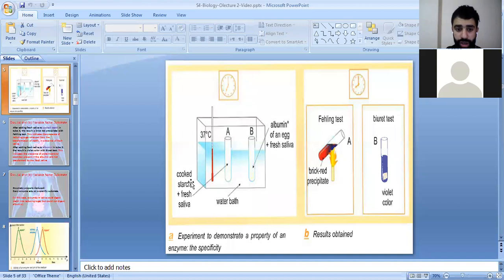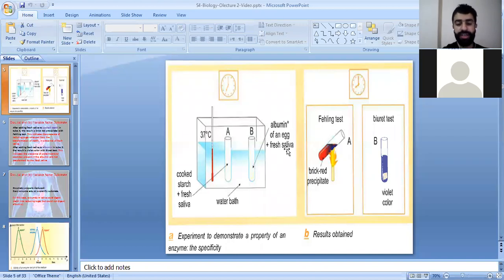But tube A contains cooked starch, while tube B contains albumin of an egg, meaning that it contains a protein. After, for example, 1 hour, tube A gives a brick red precipitate with Fehling test, meaning that it contains reducing sugar, while tube B gives a violet color, meaning that the protein, the albumin of the egg, doesn't disappear; it's not digested.